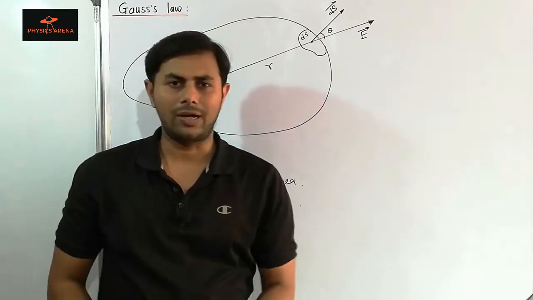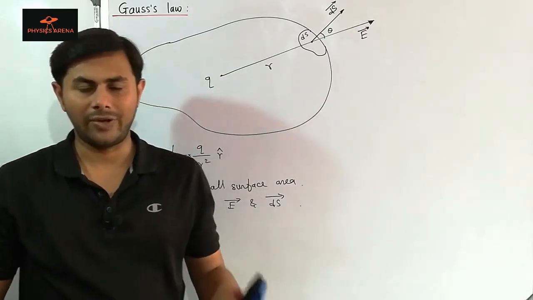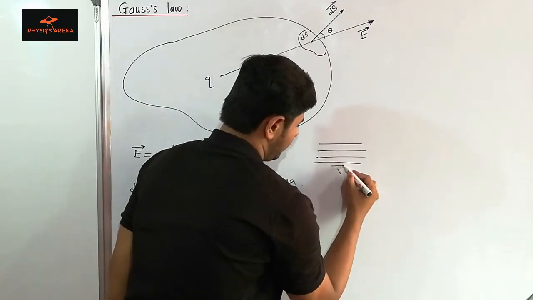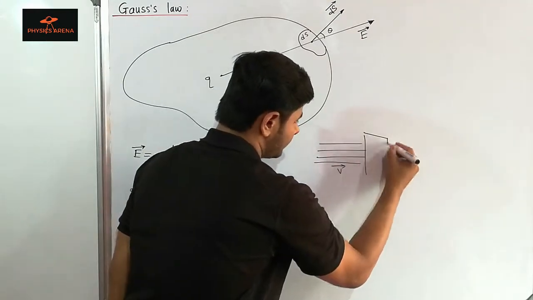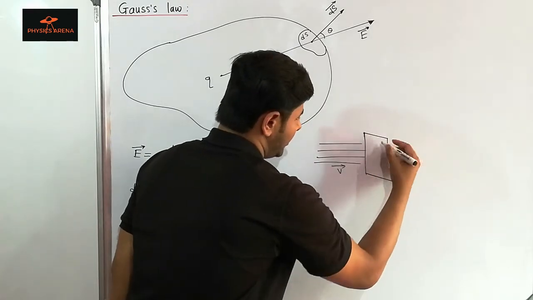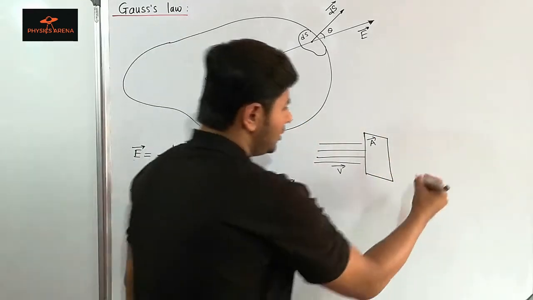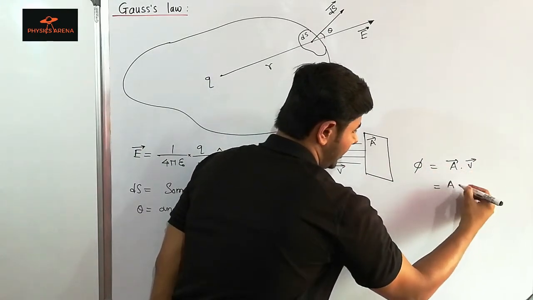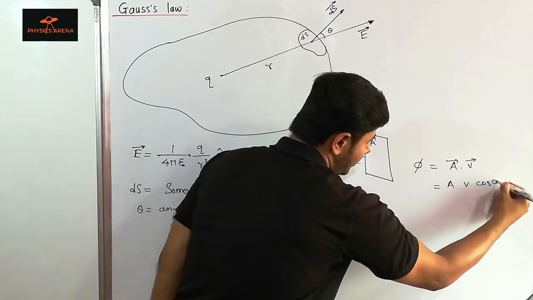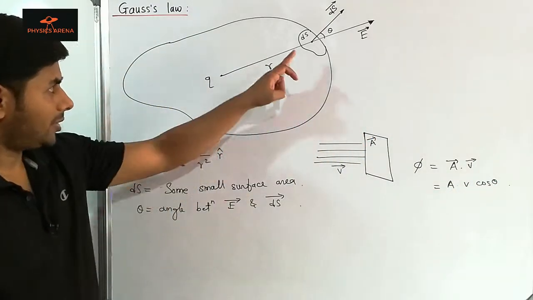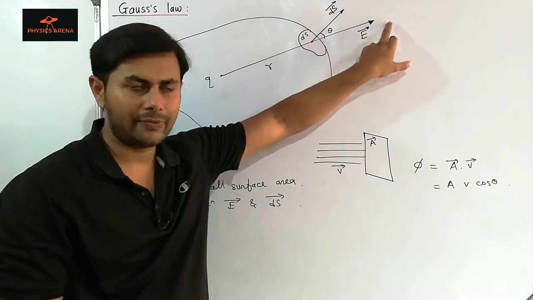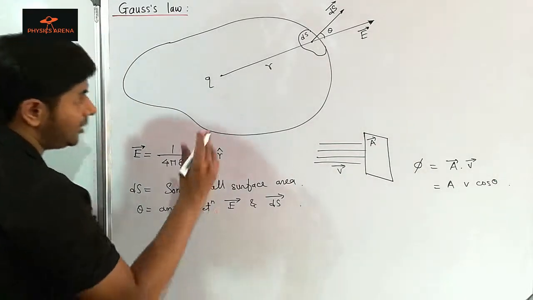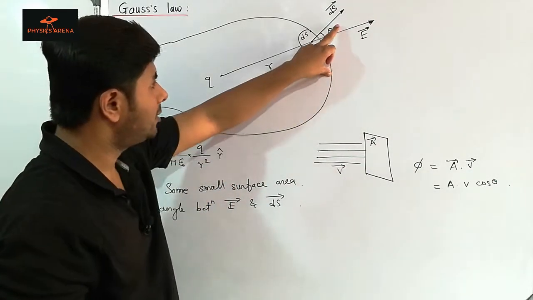So now we know how to find the flux of a vector. For V bar, for this flow of fluid through this surface area, let's say A bar, the flux was A bar dot V bar, that is A into V into cos of theta. So here the flux due to the electric field vector, on the same grounds, should be equal to E multiplied by ds multiplied by cos of theta.